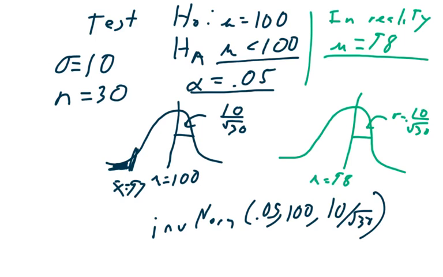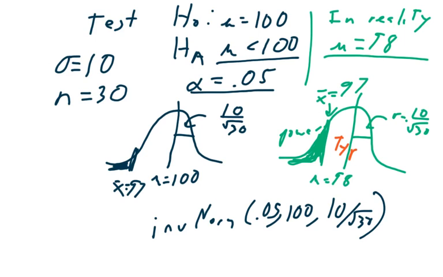And so here is 97. So if this is 97, I am only going to reject this part over here. So x bar equals 97 is right here, and over here, this shaded area is my power.